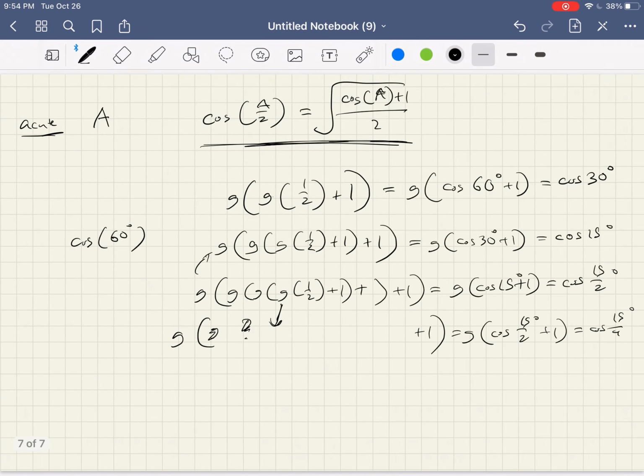So the degree measure in the cosine function is going to be 60 over 16, which is equal to 15 over 4 degrees. That's what our expression evaluates to.